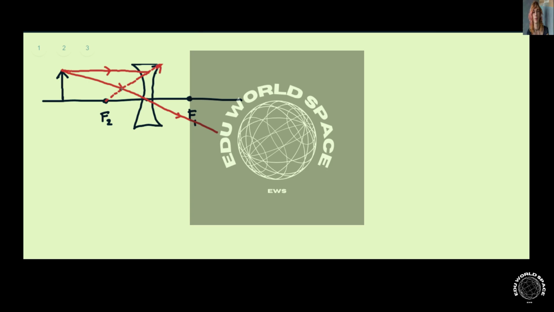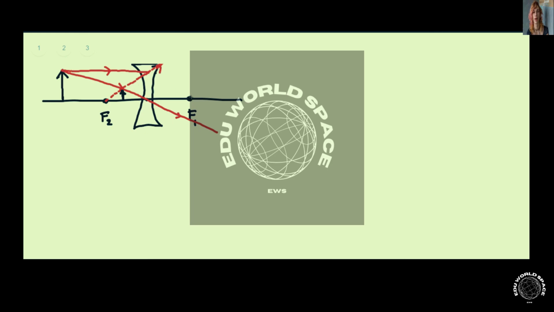That gives me enough points to draw in my object, because the intersection of these two rays gives me the object. Additionally, you could have drawn another principal ray, one that's headed towards this second focal point over here.